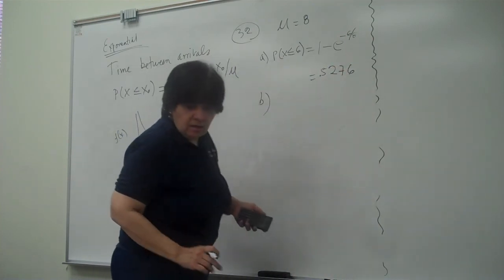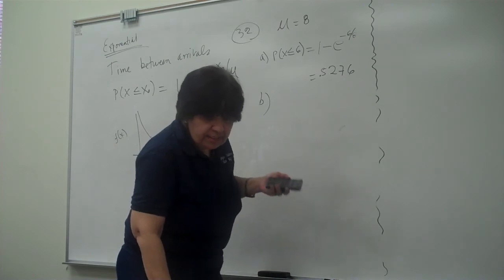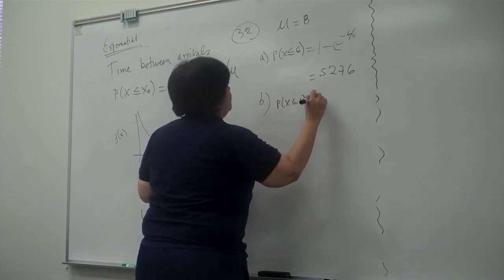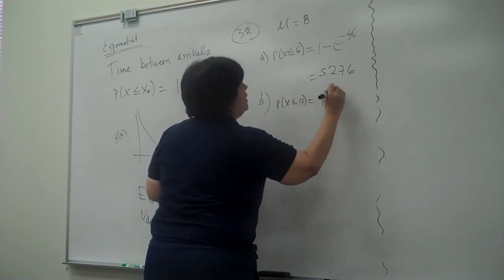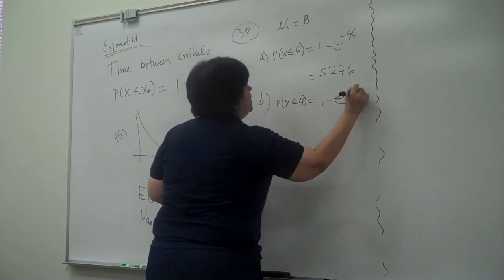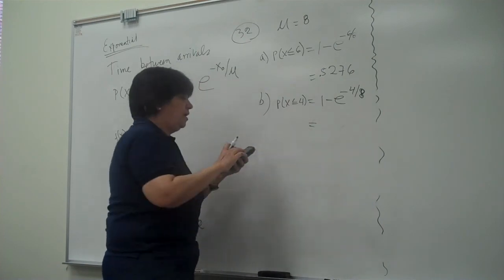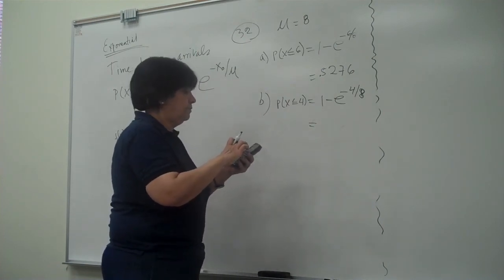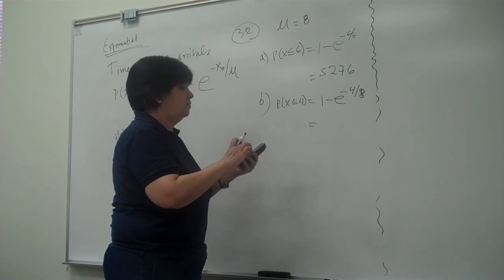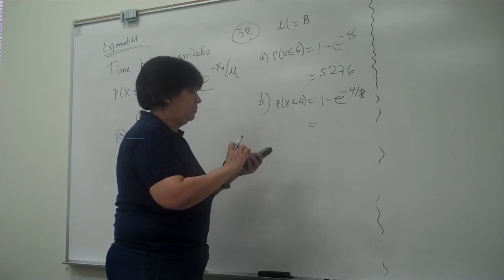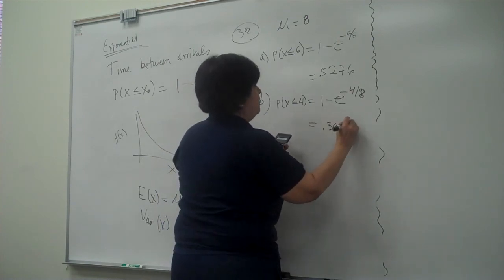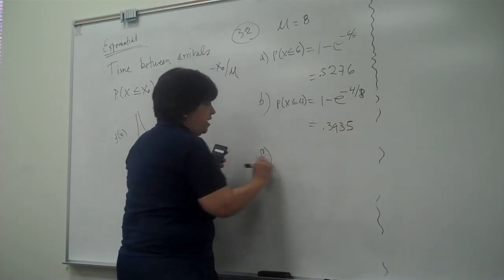B. What is the probability that x is less or equal than 4? It's exactly the same: 1 minus e to the power of minus 4 divided by 8. That is 0.3935.